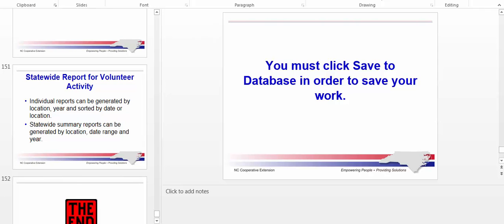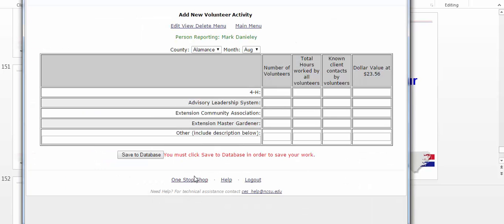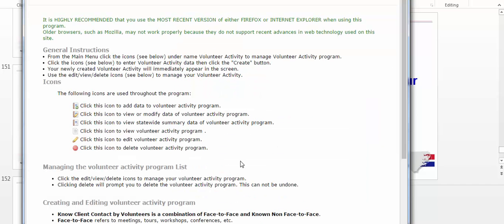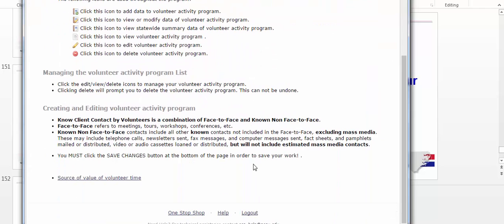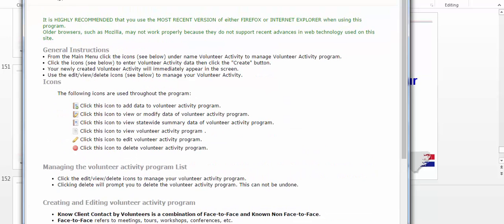I did want to go back to the help on that one. I didn't have much there. I guess we kind of went over all that. Same as the client contacts, it excludes the mass media as far as contacts go on that.